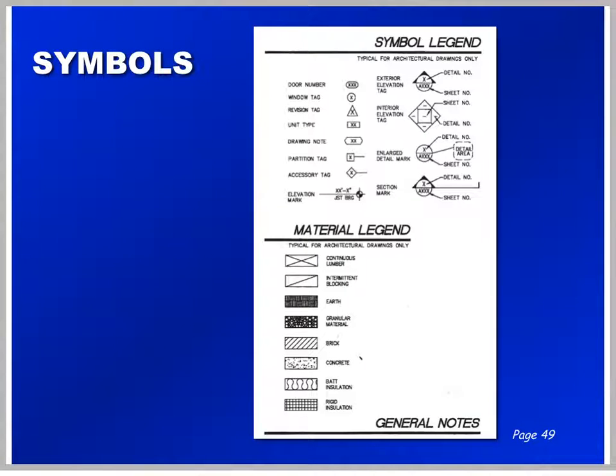Symbols are widely used on drawings to present common or typical items on the documents, such as the door number or a window tag. Something that's pretty common throughout the entire industry will be this triangle for a revision tag, or this elevation mark with a circle and either side of it opposing sides darkened in, identifying an elevation mark on a drawing.